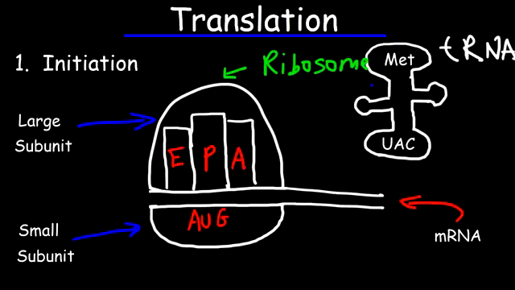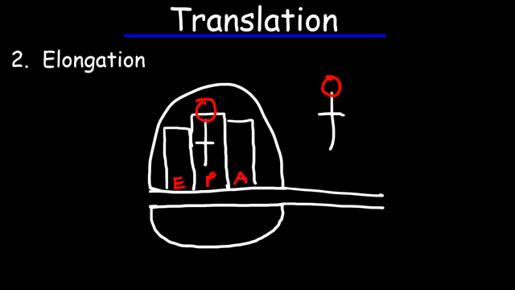And this tRNA molecule enters the ribosome at the P site, also known as the peptidyl site, where the peptide bonds are formed. Now, during the second step of translation, that is during elongation, another tRNA molecule enters the A site. So I'm just going to draw it here.